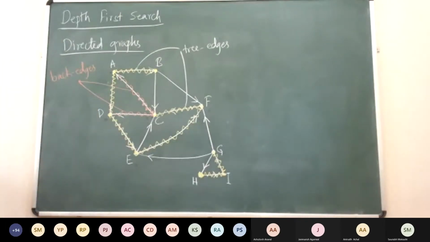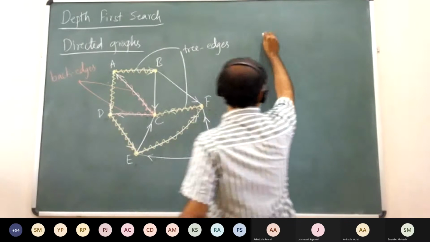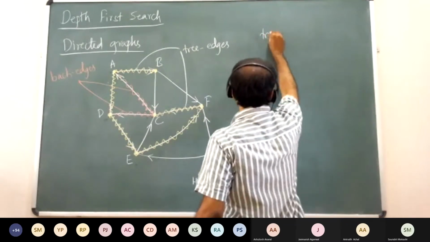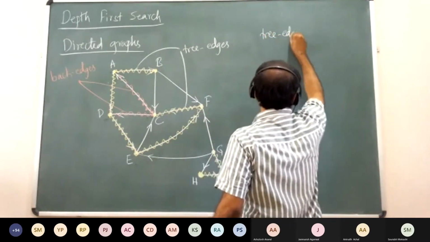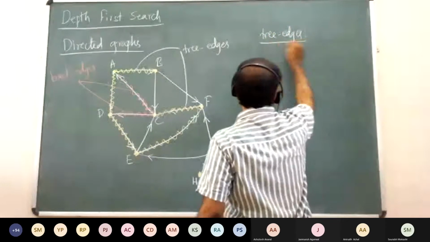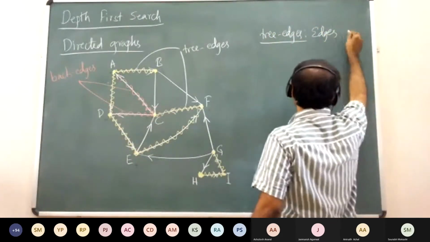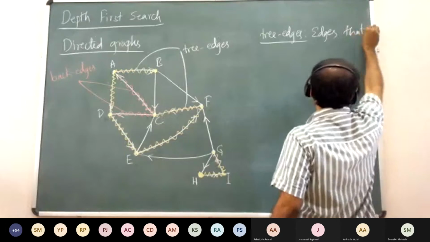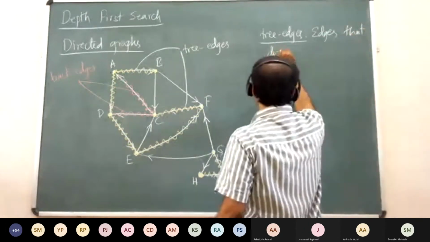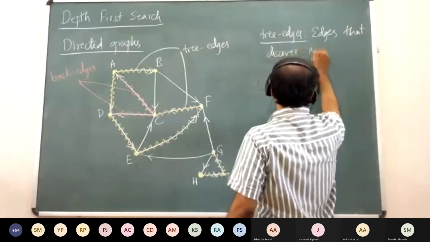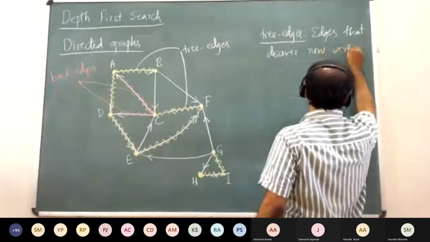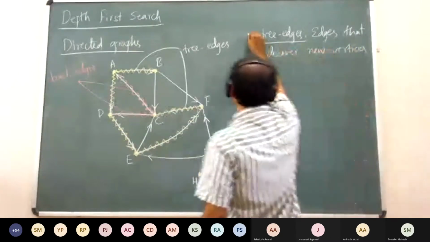Okay. So the edges which go from descendant to ancestor, right? So one is tree edges: edges that discover new vertices, right? This is one.